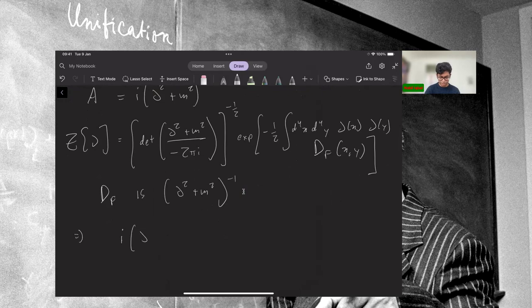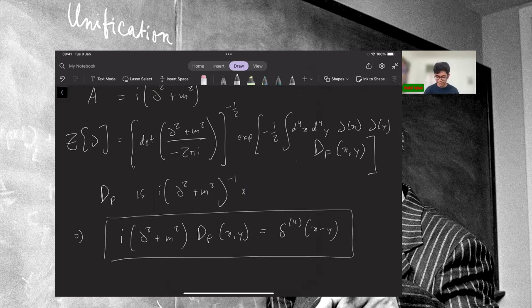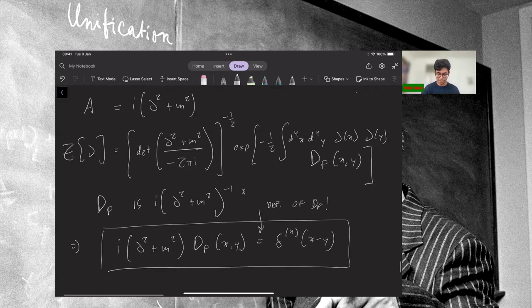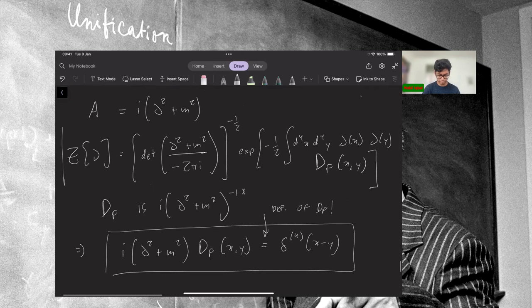If there's an inverse, what that means is that if I act on D_F with the operator, I get the identity, which is now this delta function. So this is the definition of D_F.